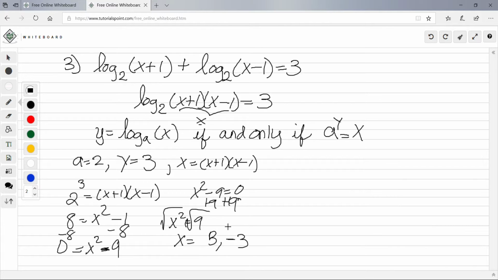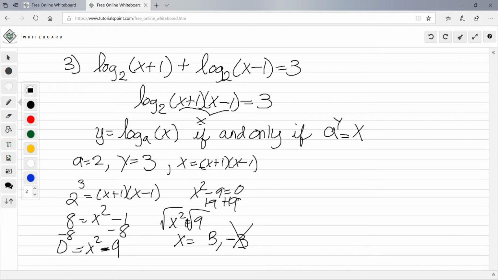Okay, so we got two answers and we have to check them. Okay, so let's do negative 3. If we plug in negative 3 into x, we get log base 2 times negative 2. And according to the rules for log, we can never have a negative inside the log. So we can automatically get rid of negative 3 because we can't have negatives inside the logs.